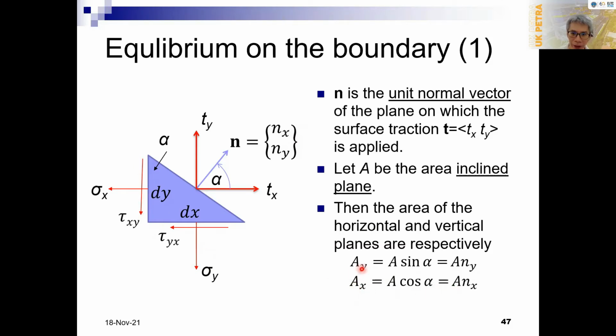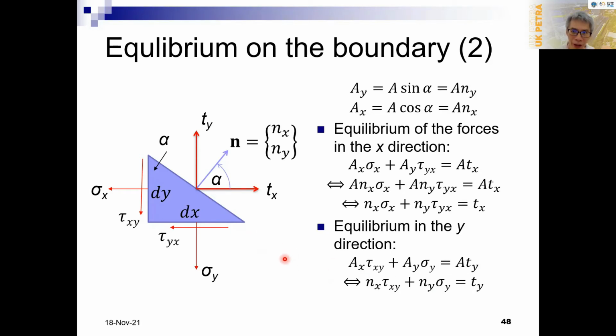So we can express the projected area. The projected area is this one, because this is the projection of the inclined plane onto the horizontal and vertical directions, y and x.